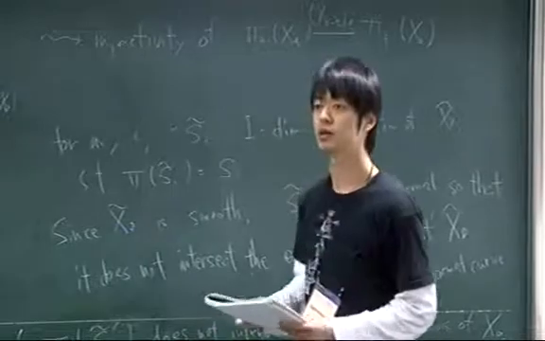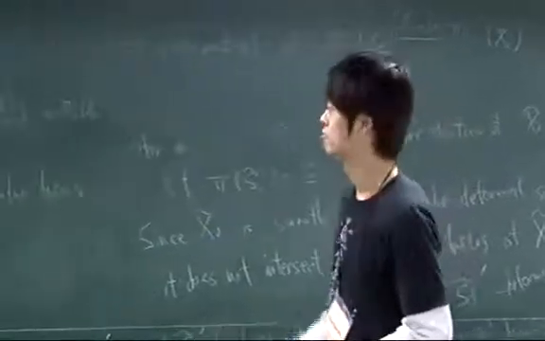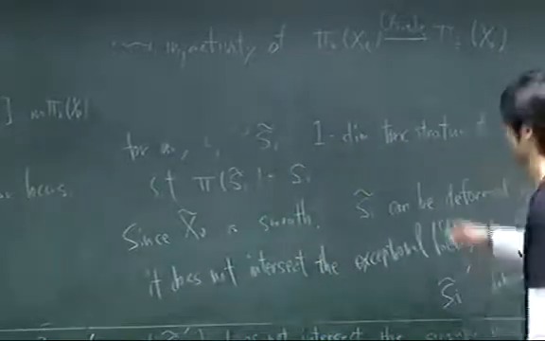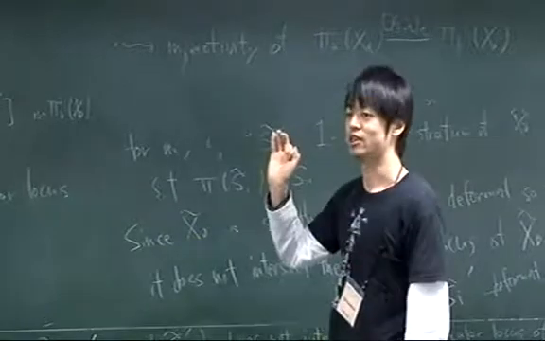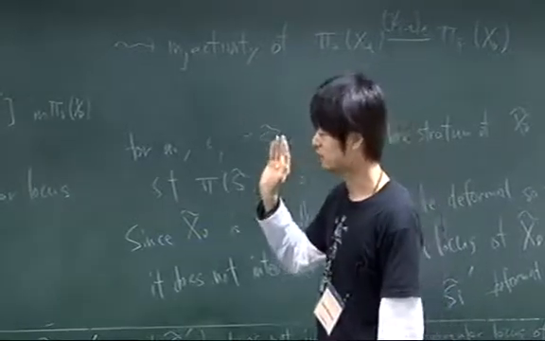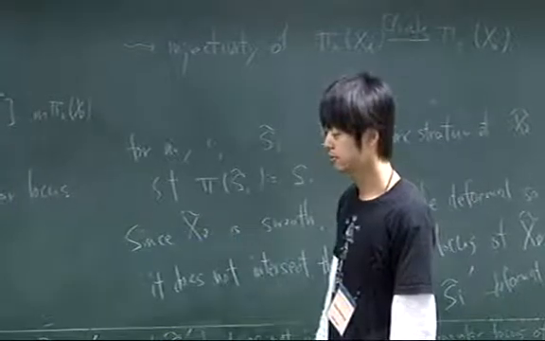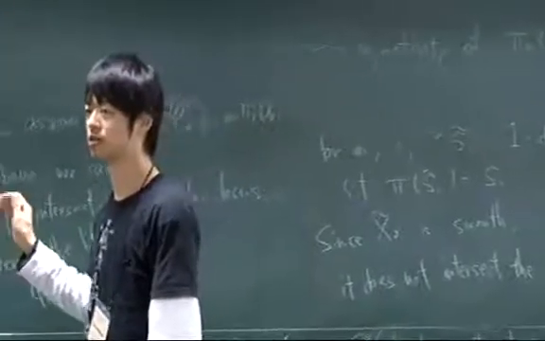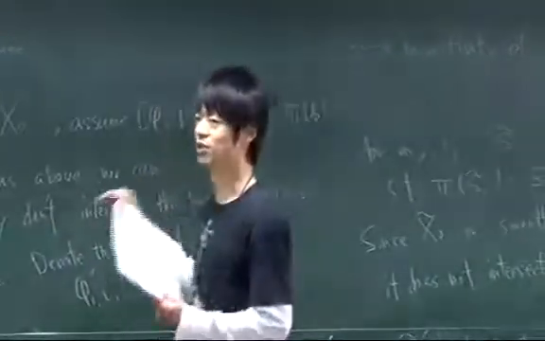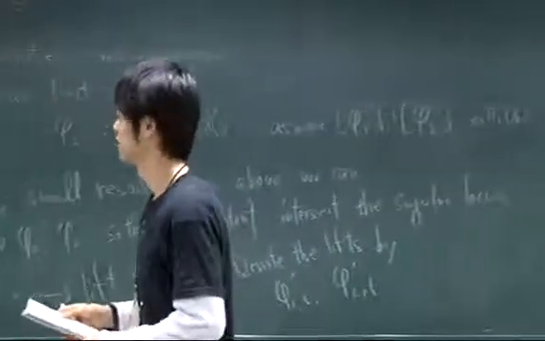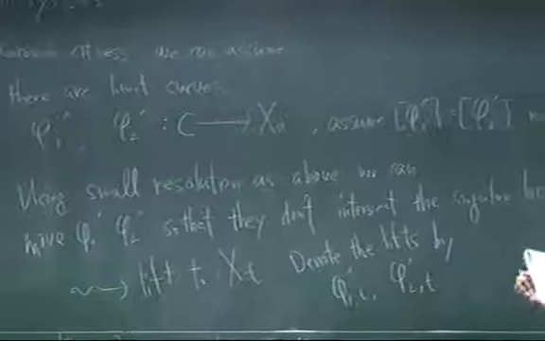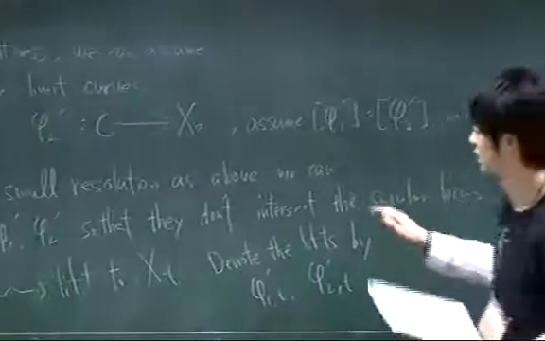How about the higher homotopy groups? I don't know, because the smallness only gives maybe up to the 3-dimensional homotopy group, but we can make this lifting construction when the cycles are 3-dimensional.